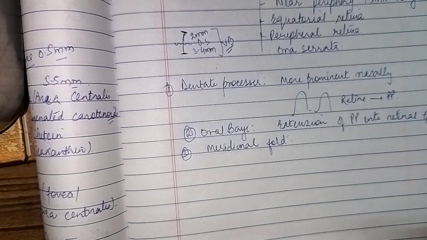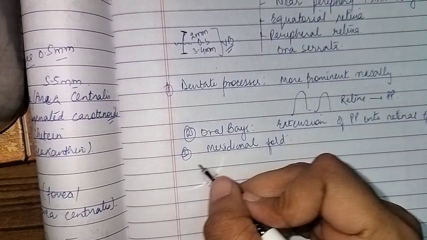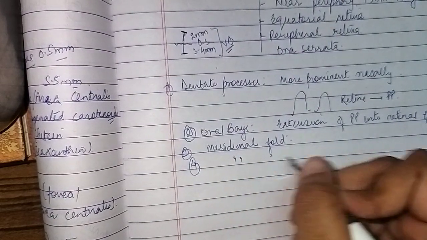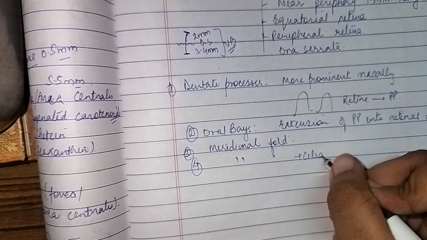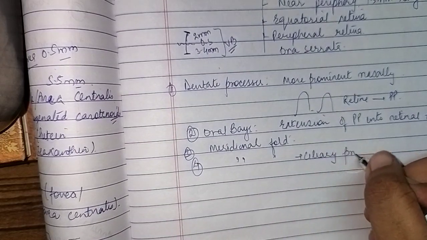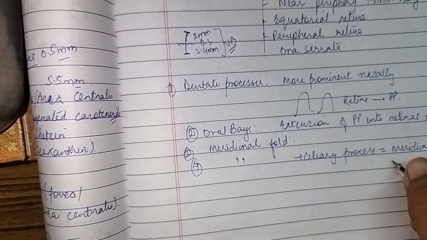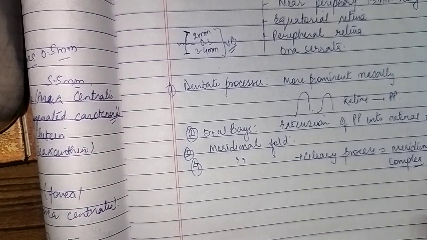Now when a meridional fold is aligned with a ciliary process, so meridional fold plus ciliary process, this is the meridional complex. Now in my next video I'll be talking about the retinal layers and the neurosensory element.